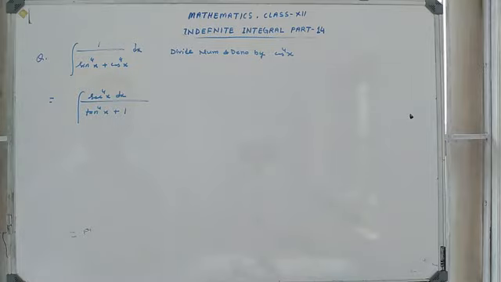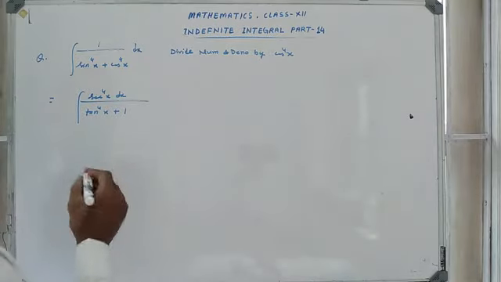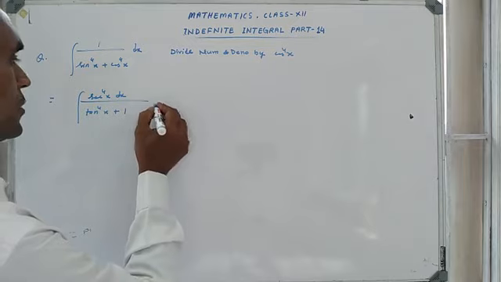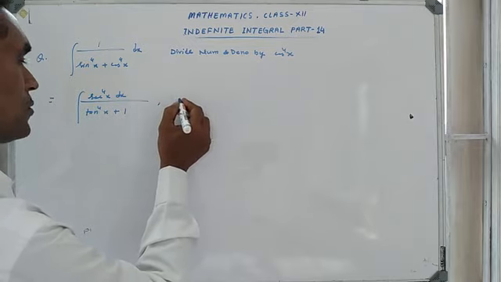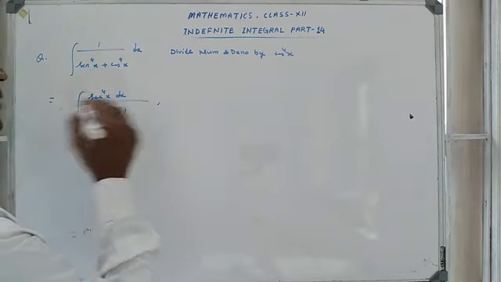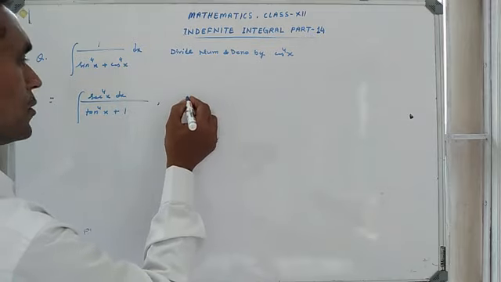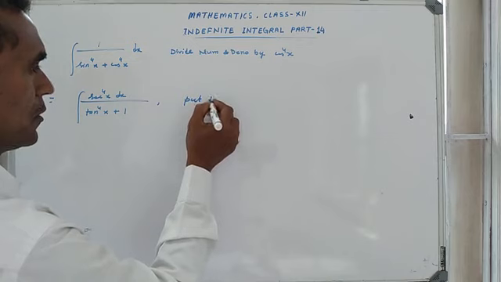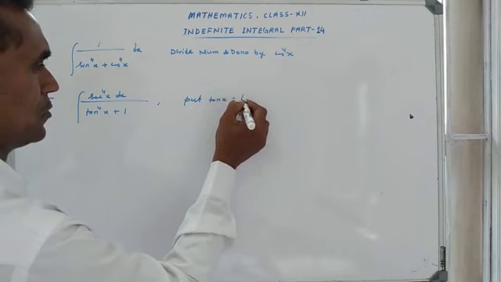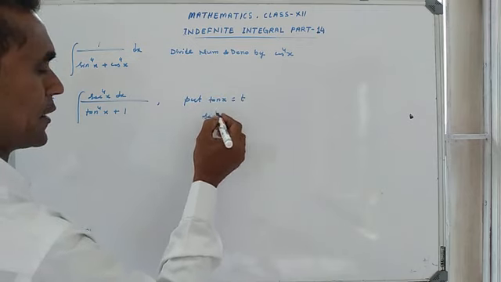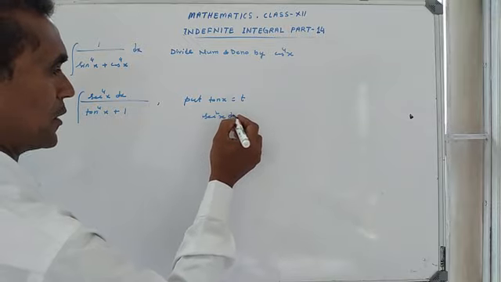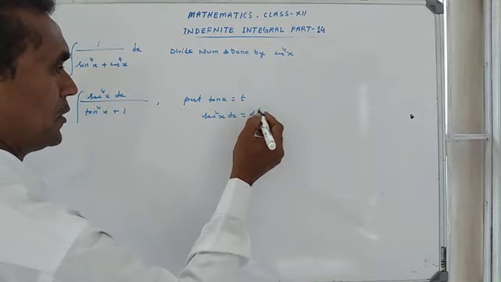The derivative of tan x is sec square x. So put tan x equals to t, then sec square x dx equals to dt.